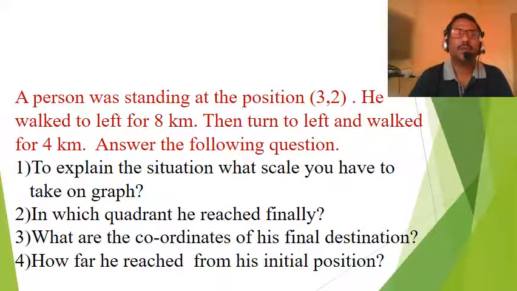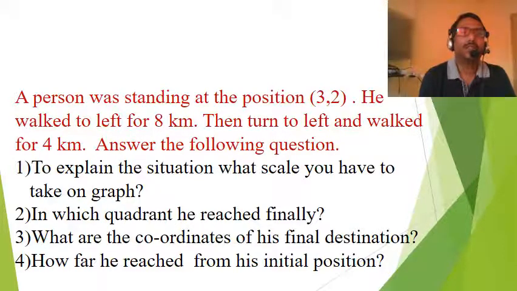First, explain the situation, what scale you have to take on the graph. Second, in which quadrant he reached finally. Third, what are the coordinates of this final destination? And fourth, how far he has reached from his initial position.